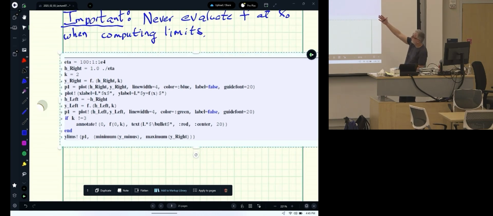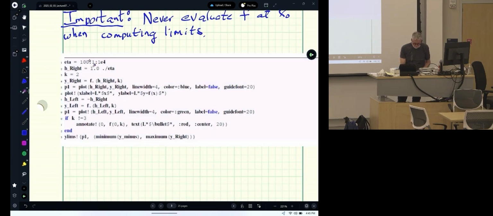Okay, so just take eta here from 100 to 10 to the power 4, and I'm going to let h on the right, which is positive values, just be 1 dot divide eta.